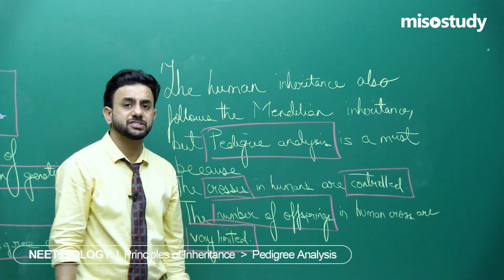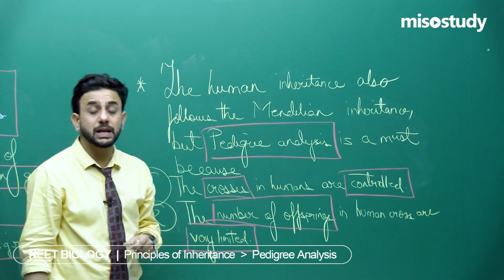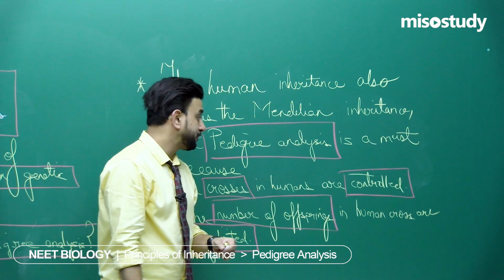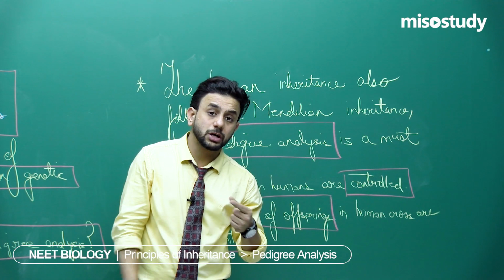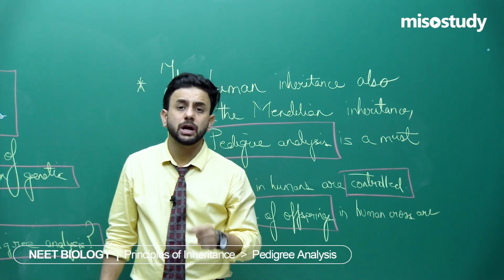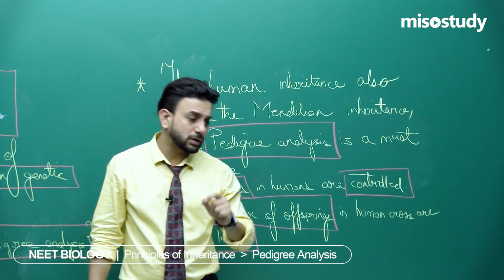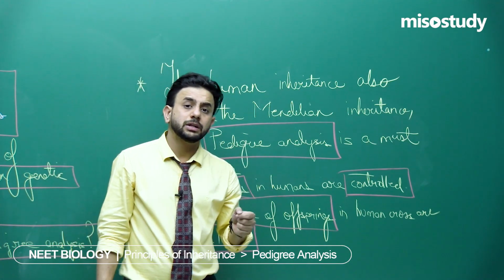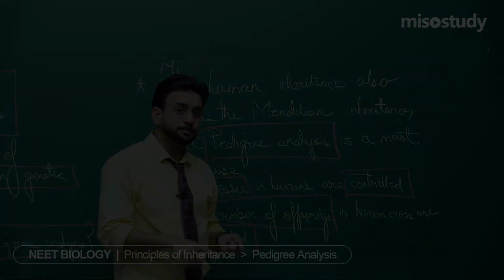And that is why we say that the human inheritance also follows the Mendelian inheritance, but still we need a pedigree analysis as the cross in the humans is controlled, and secondly, the number of offsprings is limited. It's not that much as we see in the case of peas, or in the case of other animals and insects. So here they have to be studied with the help of a family tree, a family diagram.